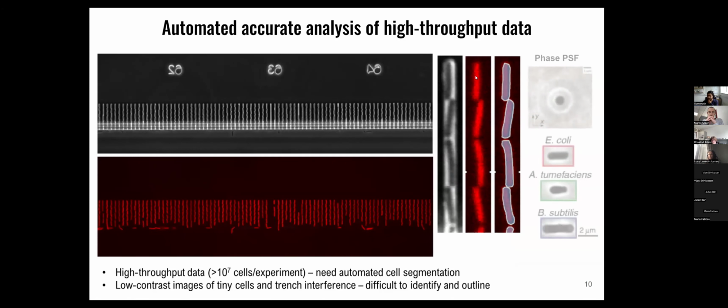A big problem is also the fact that the phase contrast PSF is almost as large as the bacteria, which means if you ask a human annotator, they'll have a really hard time identifying exactly where the cell begins and ends. And so diffraction effects make it very challenging to even create annotated training data for training a machine learning algorithm. So that was not an option for us either.